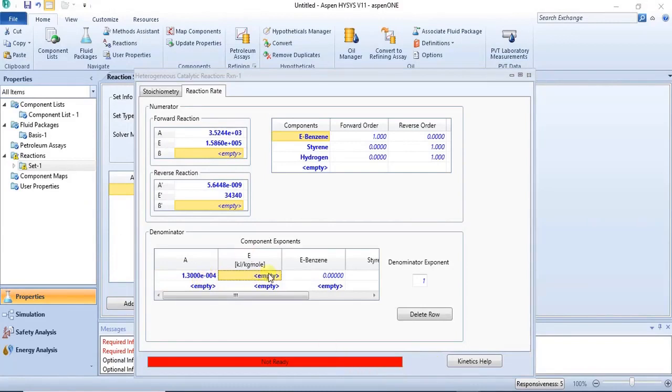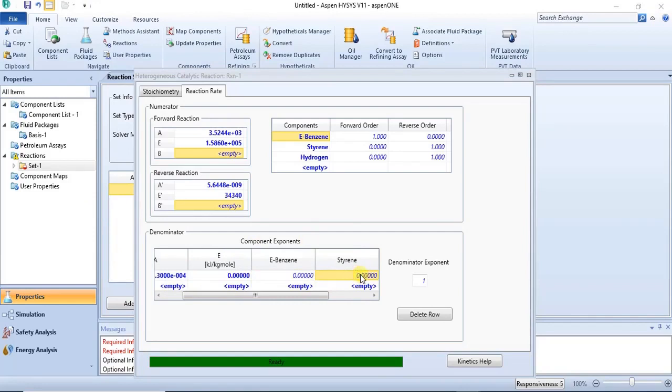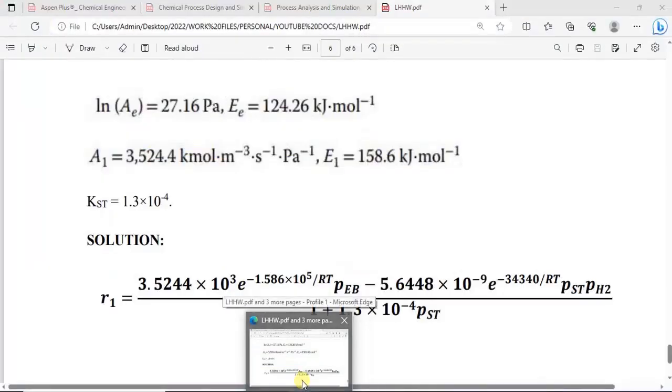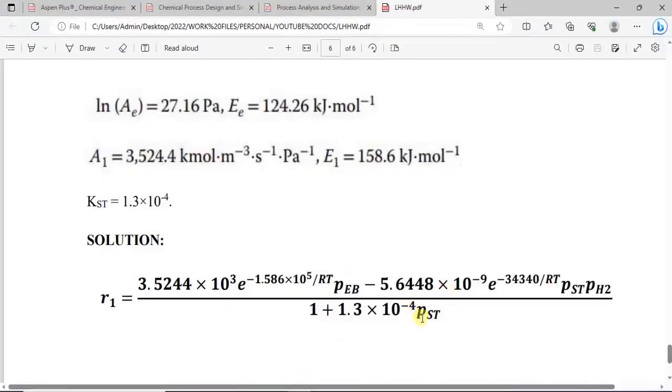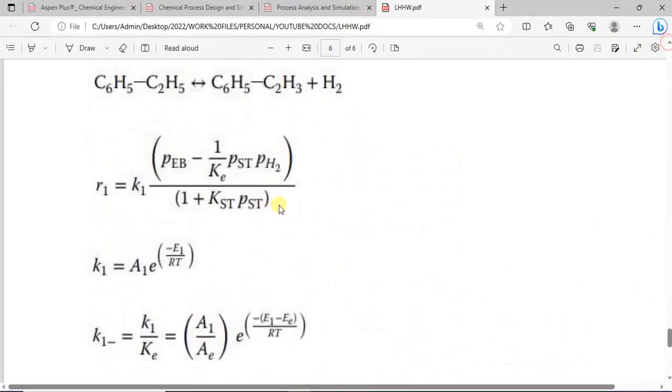Now then the activation energy is 0, right? Activation energy is 0. Then the exponent is for only styrene, right? It's for just styrene. Let's check it. So you have PST. So as you can see, PST. So you are specifying an exponent value for styrene in the denominator, right? Because you have 1 plus KST PST, right?